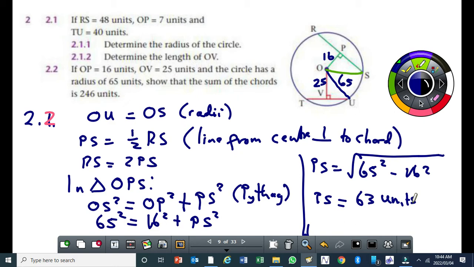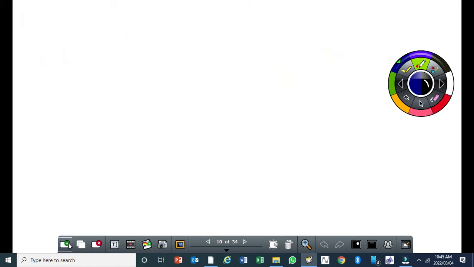Now I need to identify a second triangle that I can use to determine the length of VU, because VU is half of TU. Before I write that in triangle, let me just write that VU is equal to half of TU.